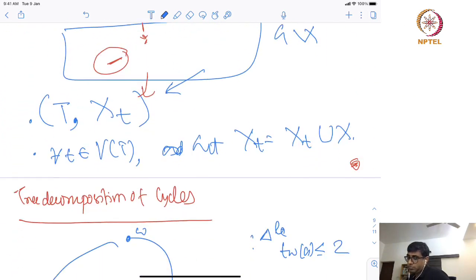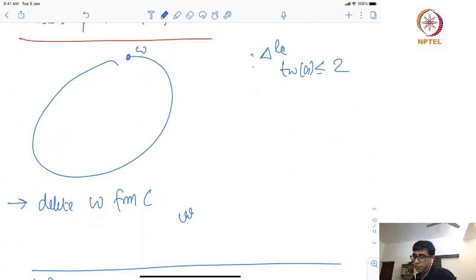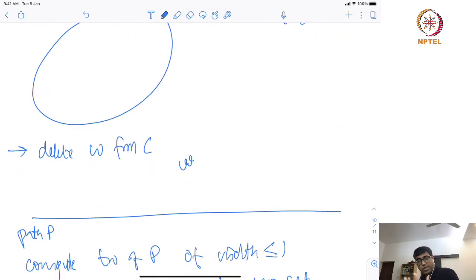The path has a tree decomposition of width 1, then you add whatever. So this is how we could add.